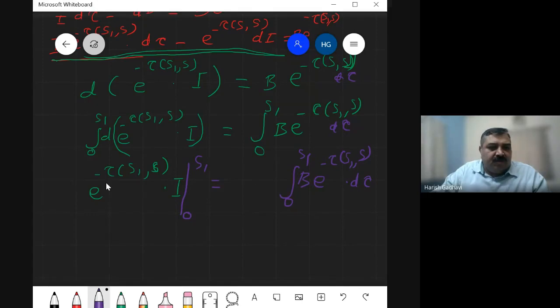When we put S1, there is no integration in terms of the ds, so this term is going to be 0. So e power 0 is 1.